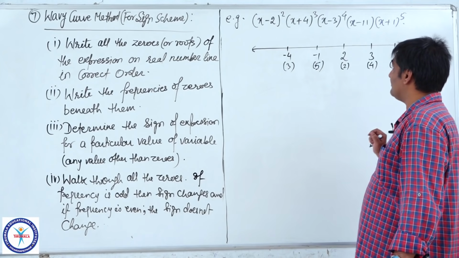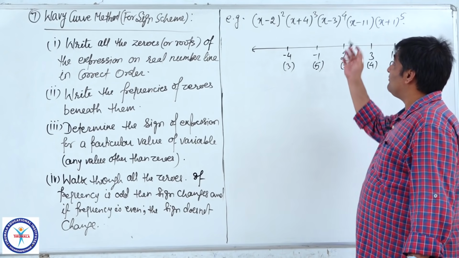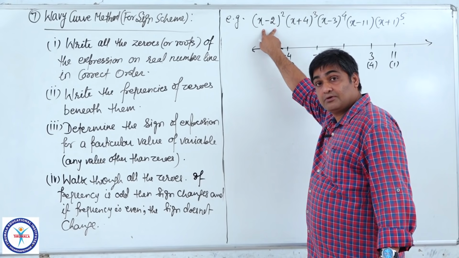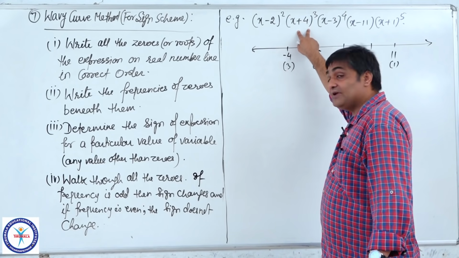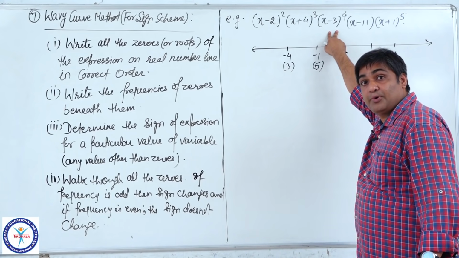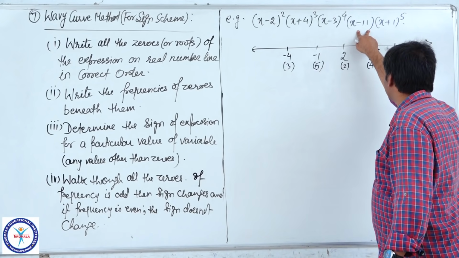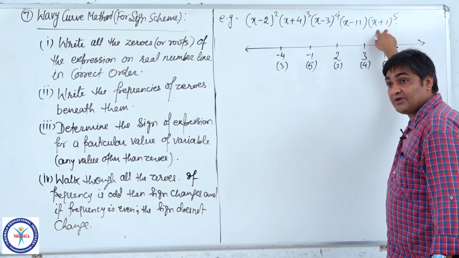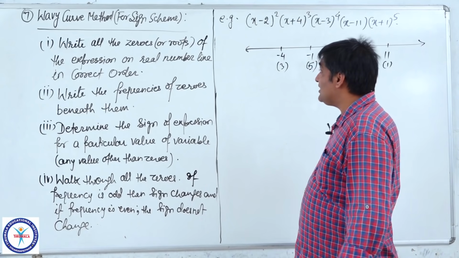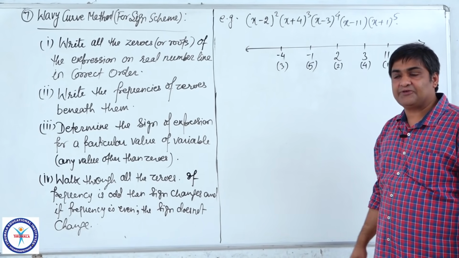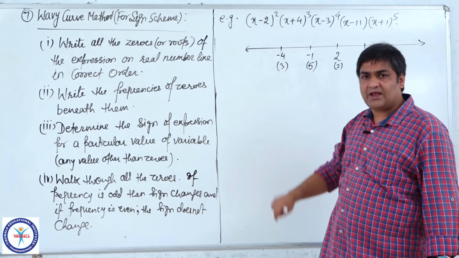I am taking 100. Why? Because for x equal to 100, this factor is positive. This is positive. This is positive. This is positive. This is also positive. So at x equal to 100, we don't know the exact value of this expression. No need to calculate.